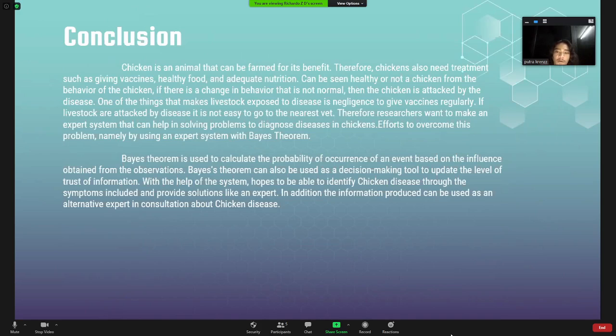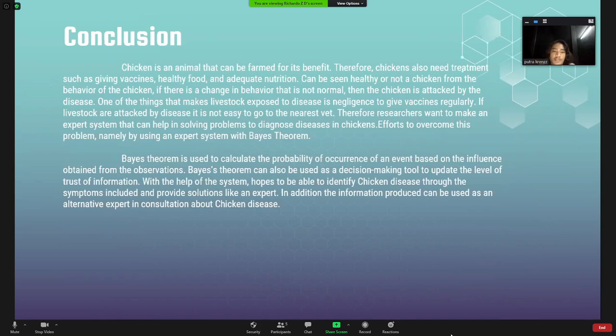The effort to overcome this problem is by using an expert system with Bayes theorem. Bayes theorem is used to calculate the probability of occurrence of an event based on the influence obtained from the observation. Bayes theorem can also be used as a decision-making tool to update the level of trust of information.